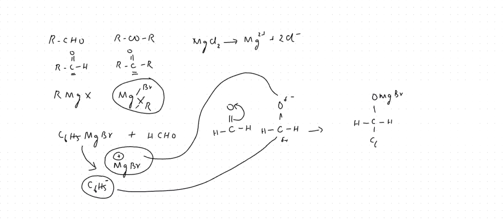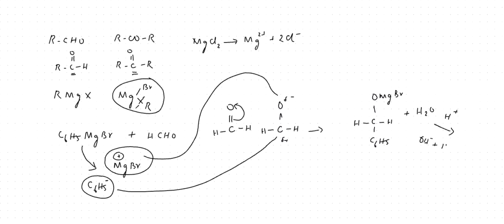Now, when this is hydrolyzed, hydrolysis means to break. Lysis means to break. Hydrolyzed means water getting broken. When it is hydrolyzed in acidic condition, again, water becomes OH minus and H plus.